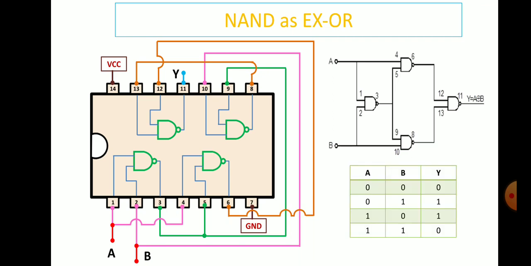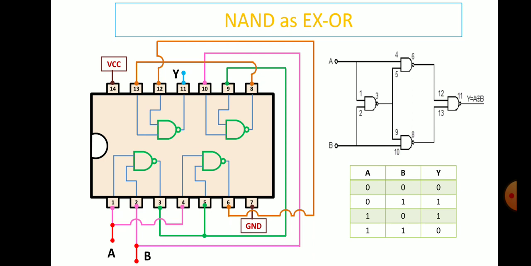If we check the truth table, when both inputs are 0, the output is 0. When both inputs are 1, the output is also 0. When one input is 0 and the other is 1, the output is 1.